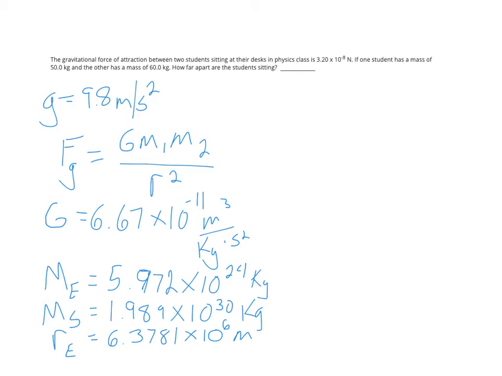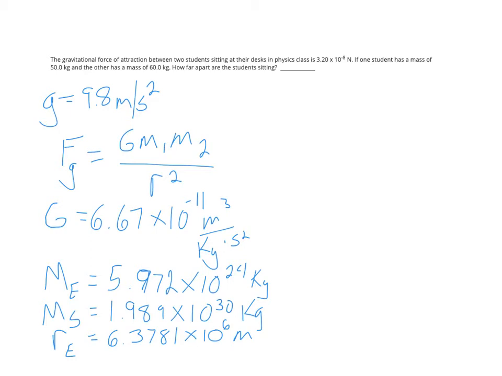So if I look at this, we have two people sitting in physics class. There's a force of attraction between the two that is bringing them towards each other. If one student has a mass of 50 kilograms and the other is 60, how far apart are they? We're just going to use this formula right here to punch in our numbers.